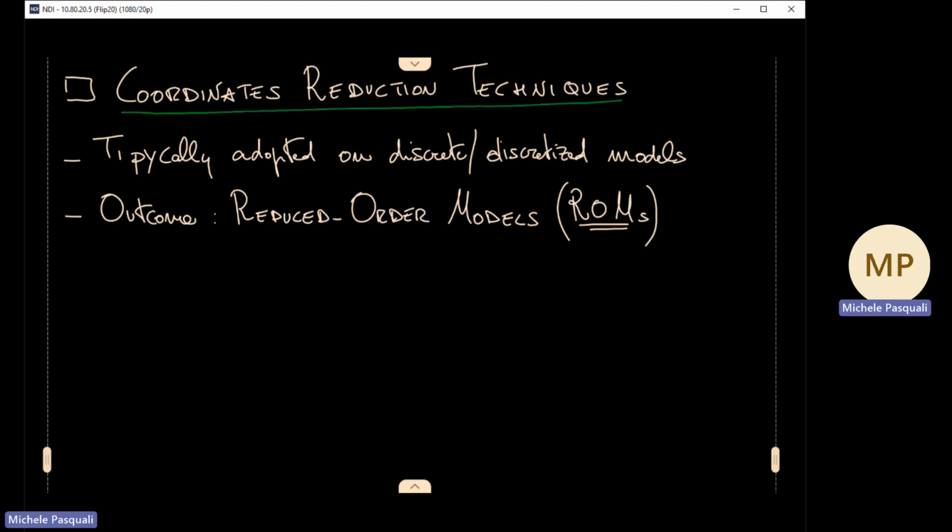So we don't need to take all the overall model. We can basically simplify, reduce it, retain the information that we need, and have a simpler, faster, more trustworthy model to work with.